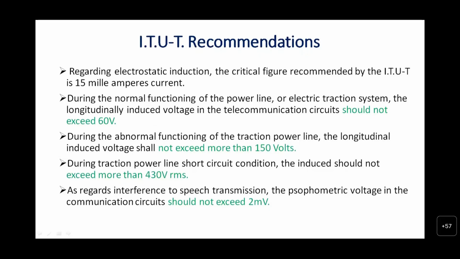During abnormal functioning of the traction power line, the longitudinal induced voltage shall not exceed 150 volts. During traction power line short circuit conditions, the induced voltage should not exceed 430 volts RMS. As regards interference to speech transmission, the psophometric voltage in the communication circuit should not exceed 2 millivolts.